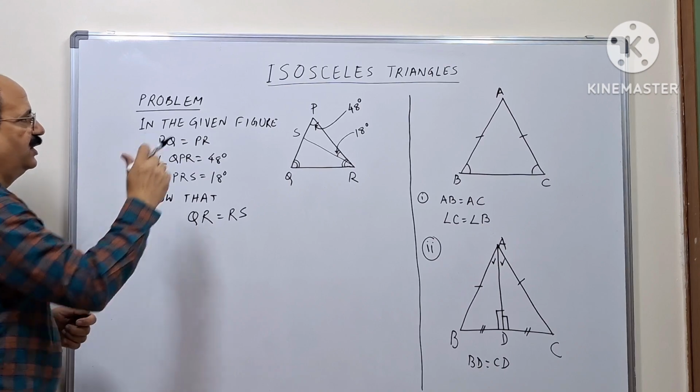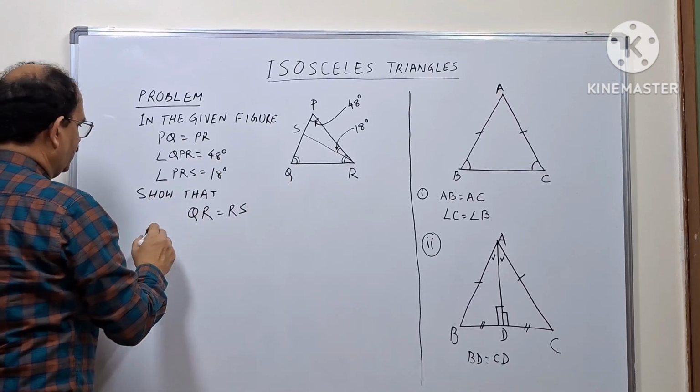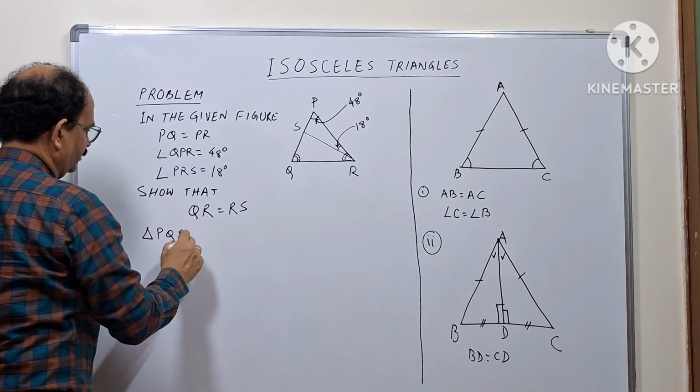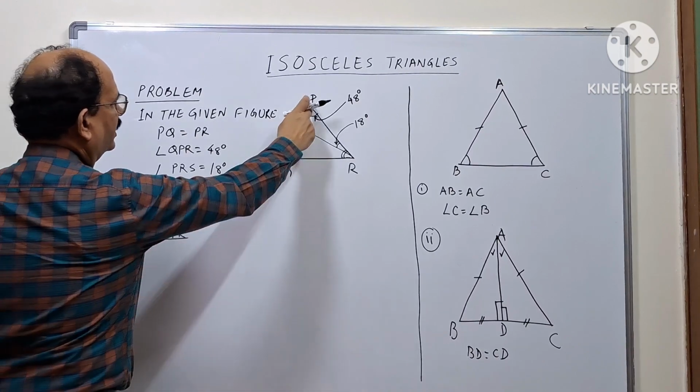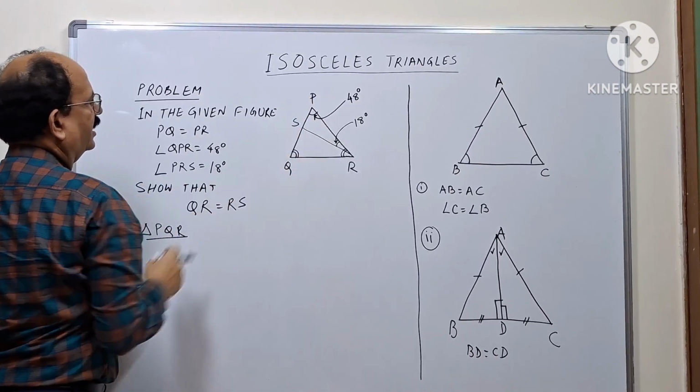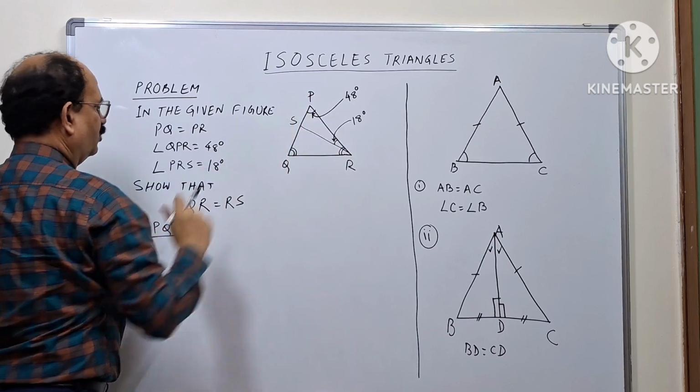Okay. Let's first focus on triangle PQR. So in this triangle PQR, we know that this angle is 48 degrees and PQ is equal to PR.